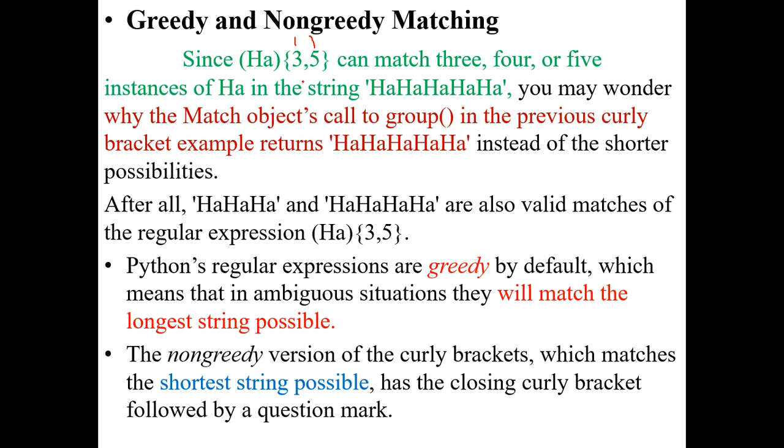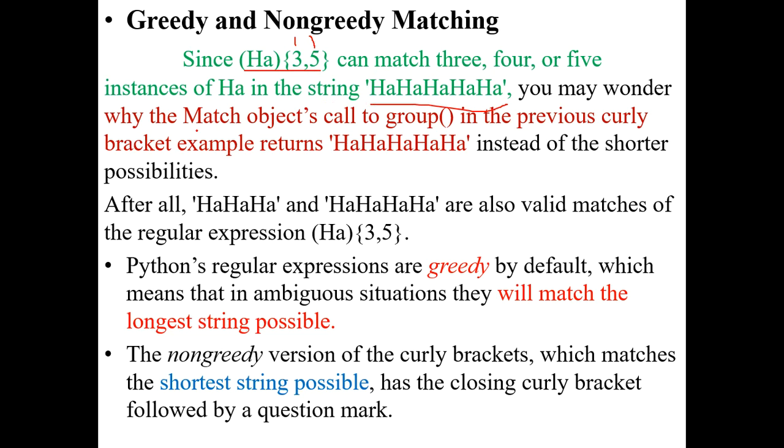When we mention numbers within curly braces, it is going to match the letters HA if they repeat 3 times or 4 times or 5 times. Clear? So here it is matched with 5 times. This statement can match either 3, 4, or 5 instances of the letters HA in the given string.